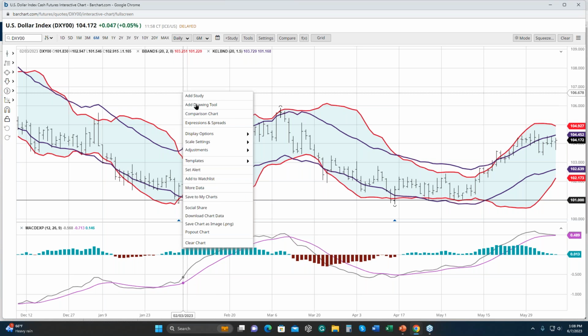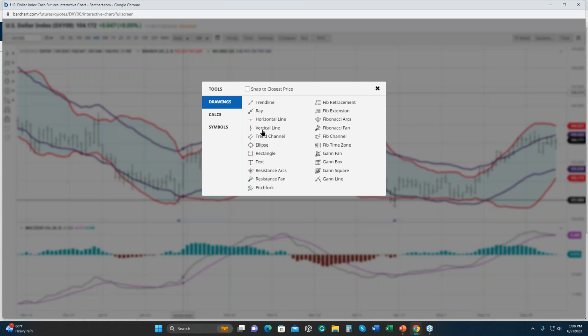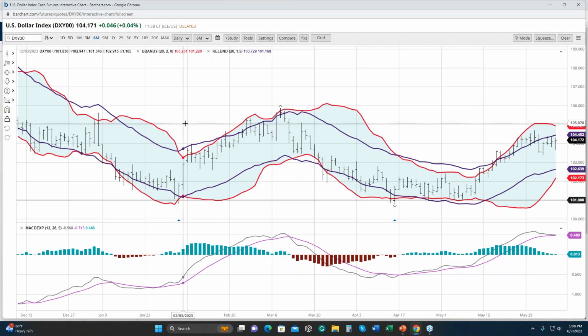Now, in order to create the squeeze, you have to have both bands inside of the Keltner channels, not just one, but both. So this Bollinger Band condensing, you can really see it here. The outer bands are way outside the Keltner channels, and here you can see that our bands are narrowing, right?